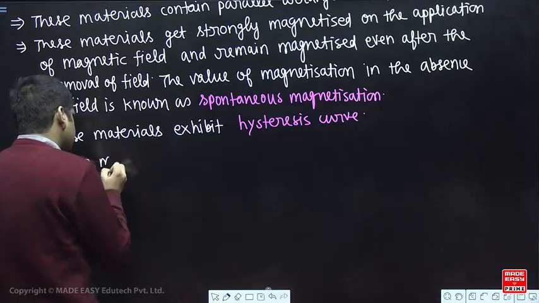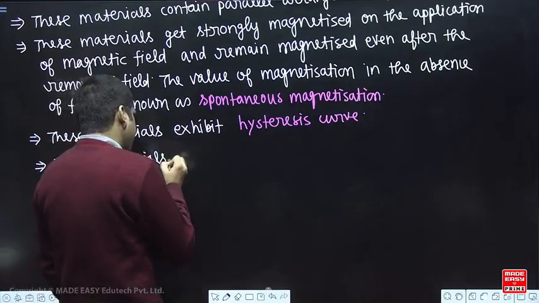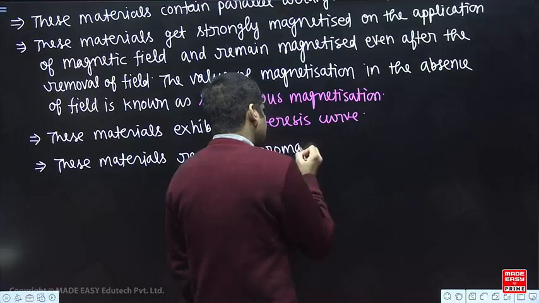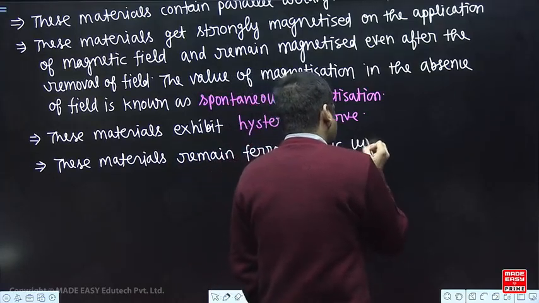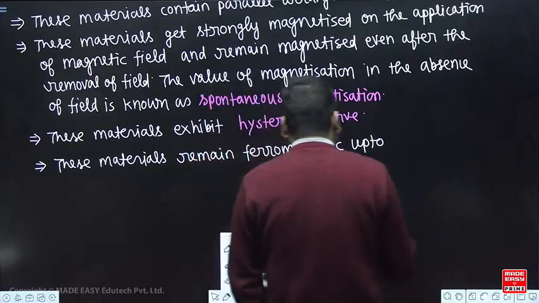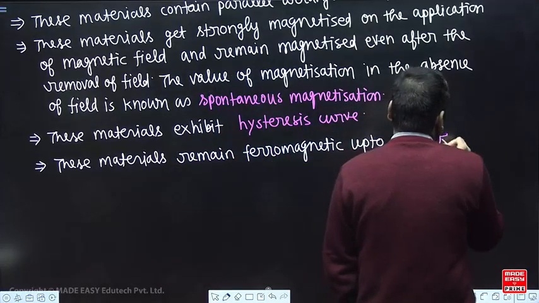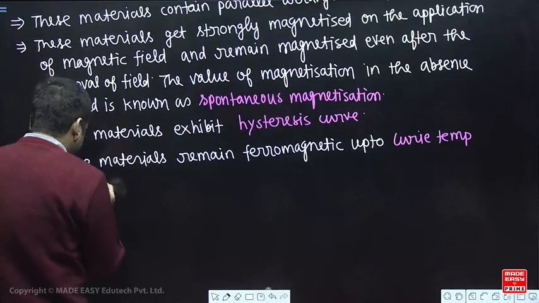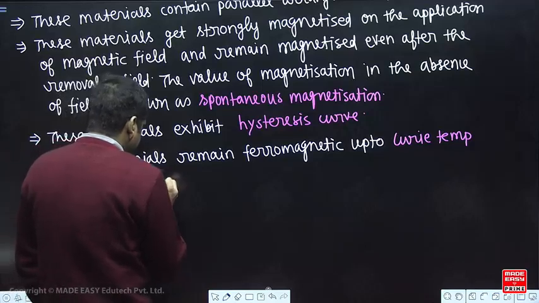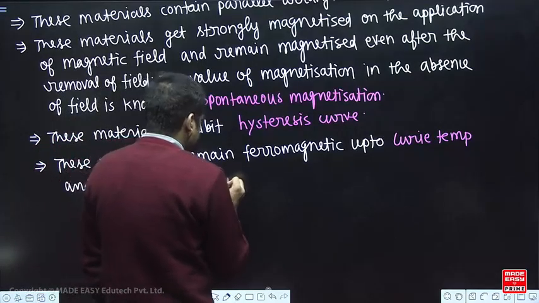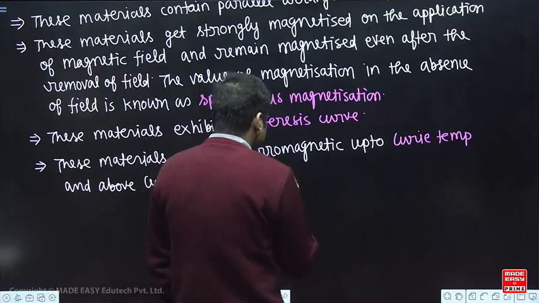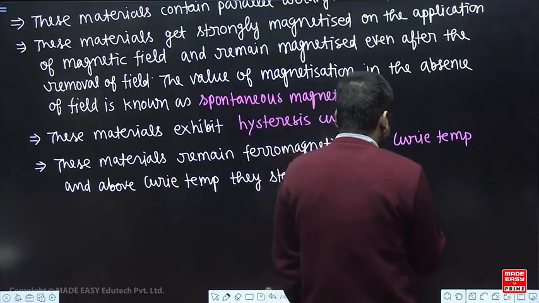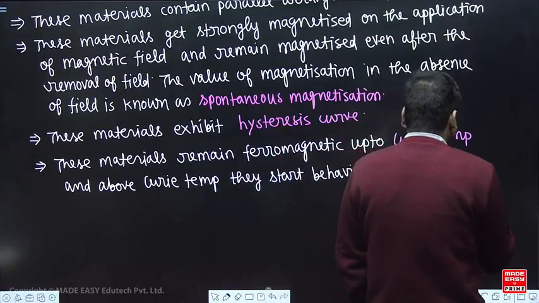These materials remain ferromagnetic up to the Curie temperature, and above the Curie temperature, they start behaving like a paramagnetic material.